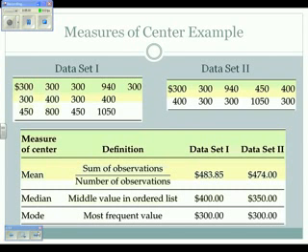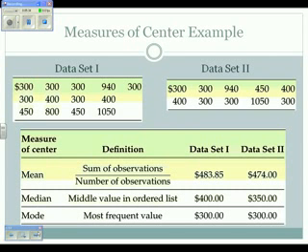And here are two different data sets, and we will look at the mean, the median, and the mode of these data sets. So the mean for data set number 1, we add all of the data values together. So 300 plus 300 plus 300 plus 940 plus 300 plus 300 plus 400 plus 300 plus 400 plus 450 plus 800 plus 450 plus 1050.